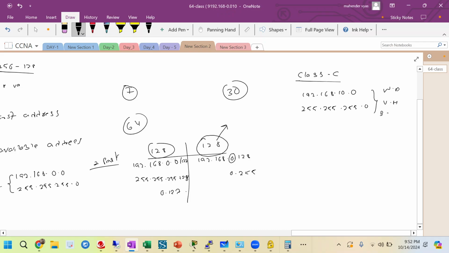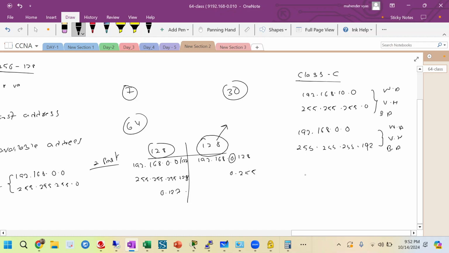For this, there are a couple of things. Then class C only: 192.168.0.0. The subnet mask is 255.255.255.192. This is the subnet mask we have now. Again, what is a network address, broadcast address, and valid host.